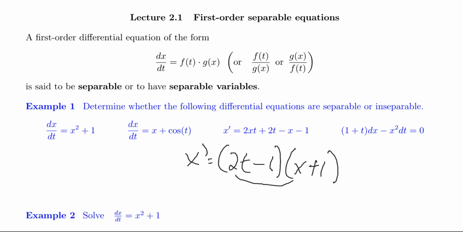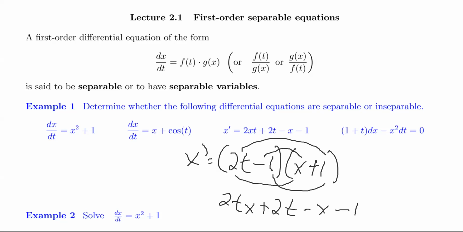We get 2tx + 2t - x - 1. So in fact, that right-hand side can be written as a function of t times a function of x. So we again get a separable equation. So this is separable.